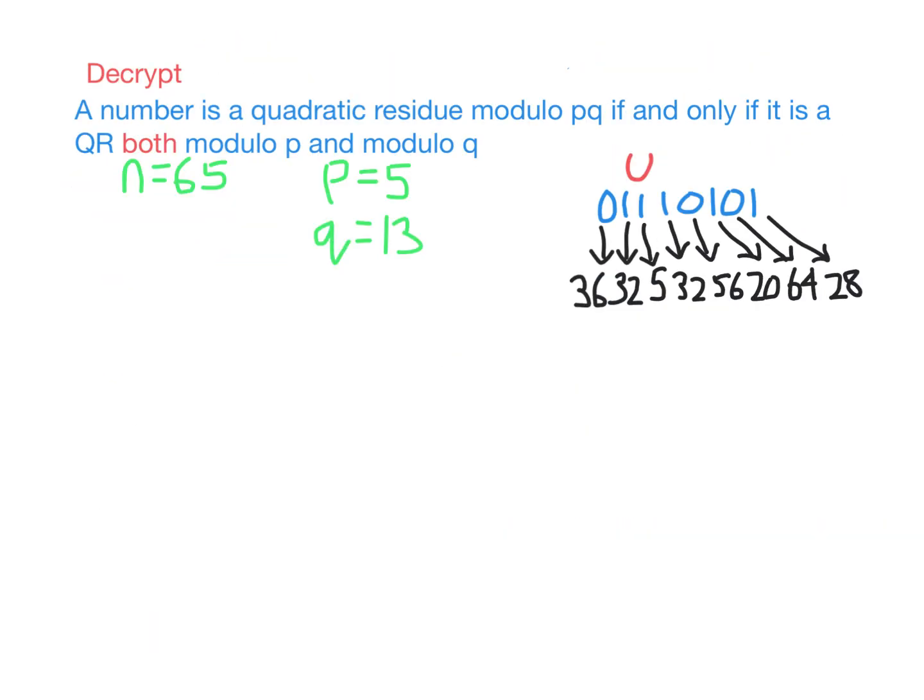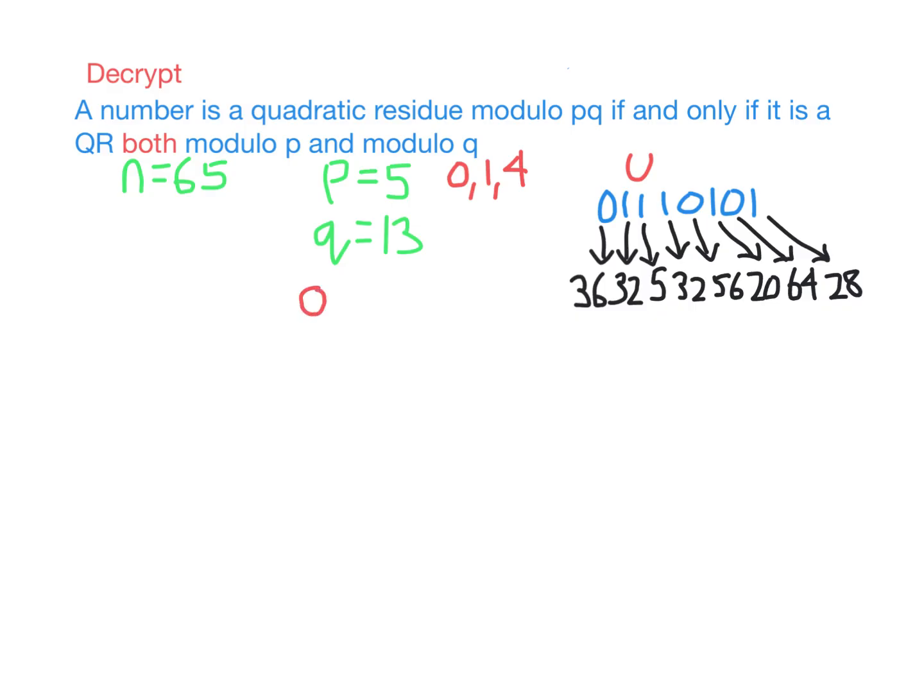So to decrypt, we need to know the quadratic residues modulo P and Q. So let's go ahead and find them. We already did 5. We found that 0, 1, and 4 are the only quadratic residues modulo 5. So for modulo 13, we can find those by squaring the numbers.